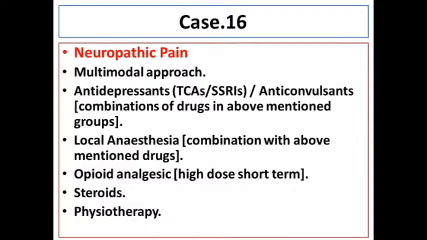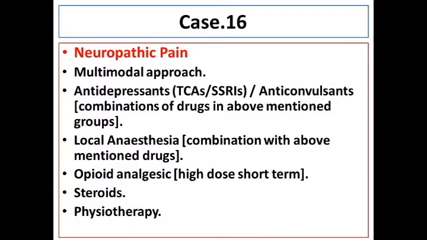The last case is about neuropathic pain. So neuropathic pain is a different kind of pain where the mode of production of pain is different, and often the conventional analgesics like the non-steroidal drugs and the opioids are not effective in this kind of pain. No single drug probably can relieve neuropathic pain, and often we have to apply a multimodal approach.